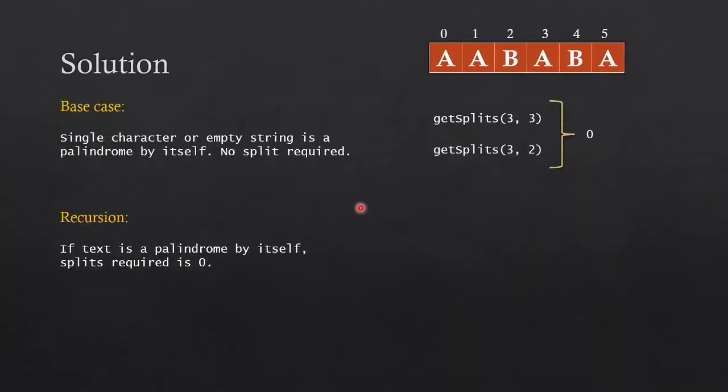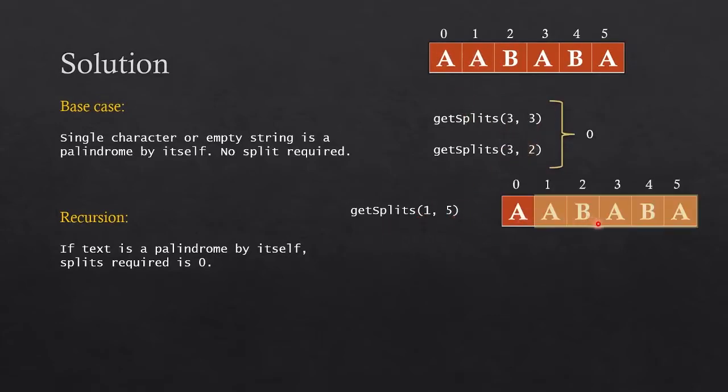Let's understand it with an example. Say you have getSplits of 1, 5. It means that you're considering this part of the string. Now you find that A and A are equal, which means the character at the from index and the character at the end index are the same.